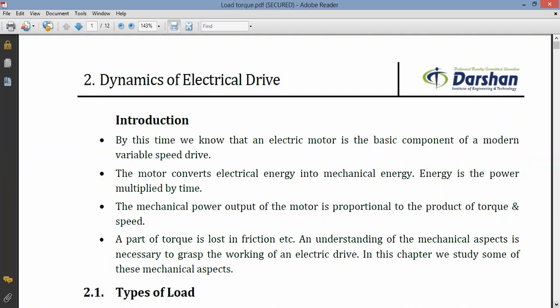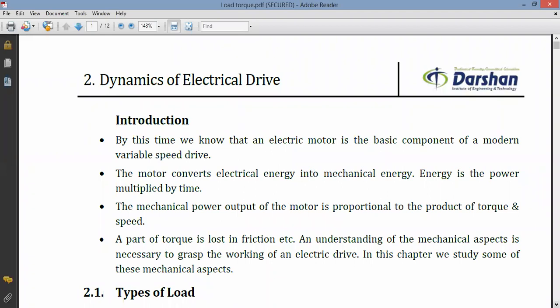When the motor starts rotating, the transmitting device also starts rotating, and hence the load starts rotating. The prime mover is basically an electrical motor, so we can say that the electrical motor is the basic component of the modern variable speed drive.